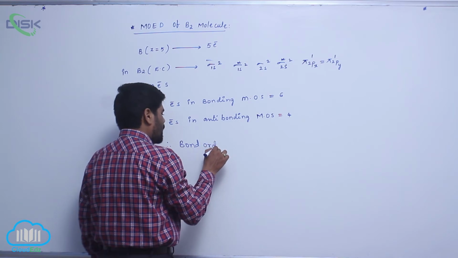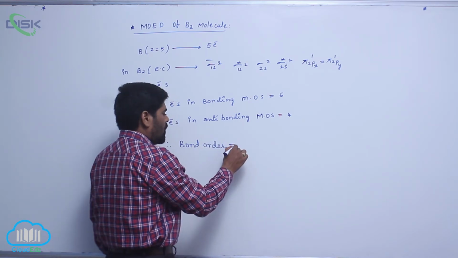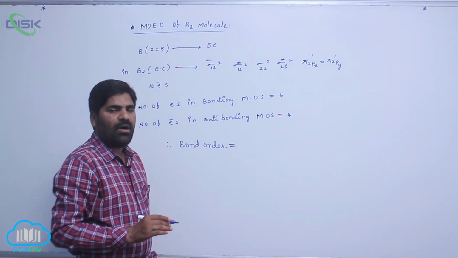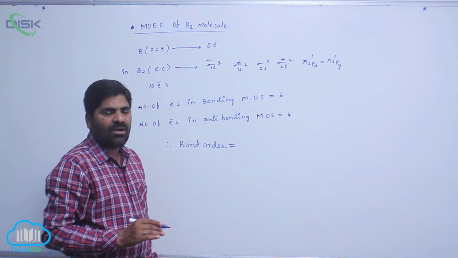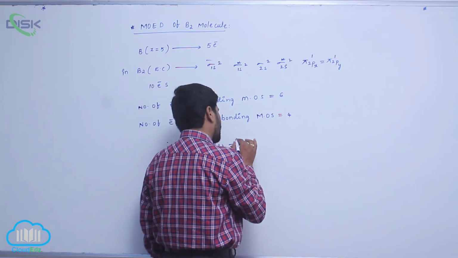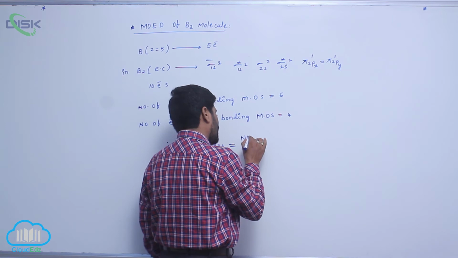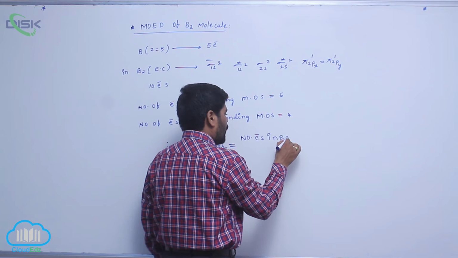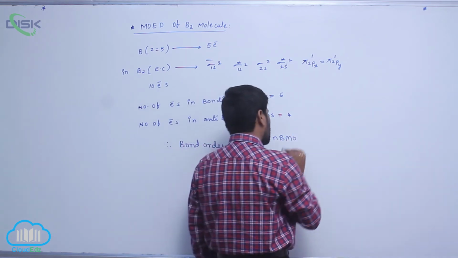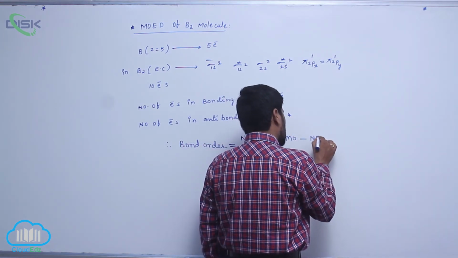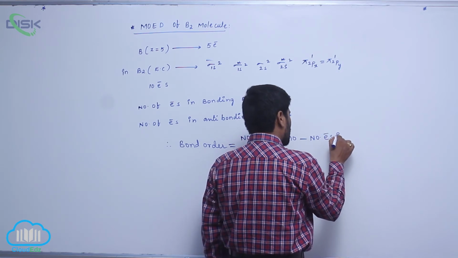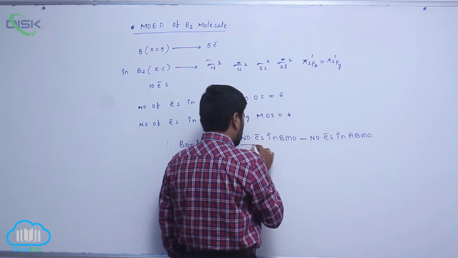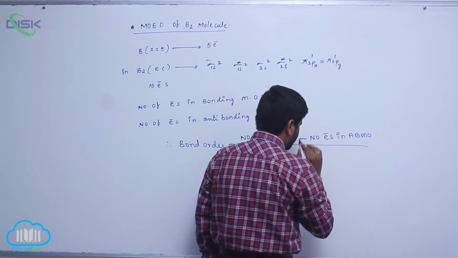order is calculated. Number of electrons in bonding molecular orbitals minus the number of electrons present in anti-bonding molecular orbitals. So therefore number of electrons in BMO, earlier we already discussed, minus number of electrons in anti-bonding molecular orbital by 2.